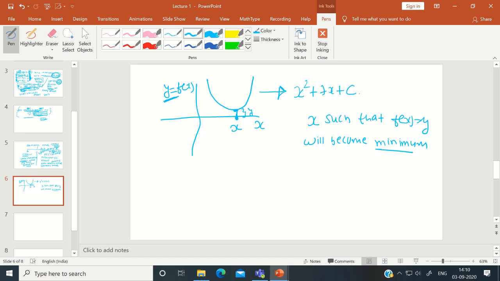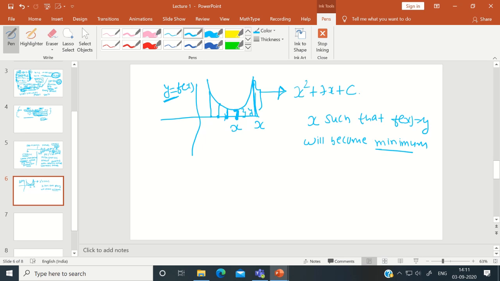So for any other x, the function value y will be higher than this function value, right? So this is the minimum value. See, for this x, this is the function value. This is obviously higher than this value.